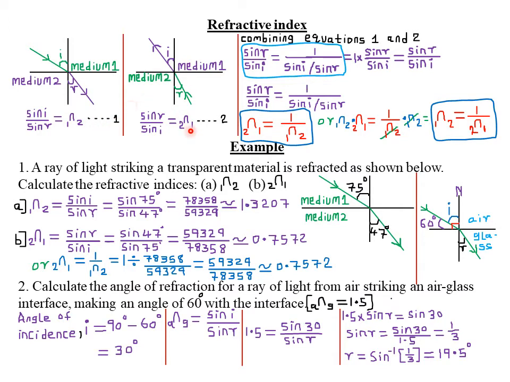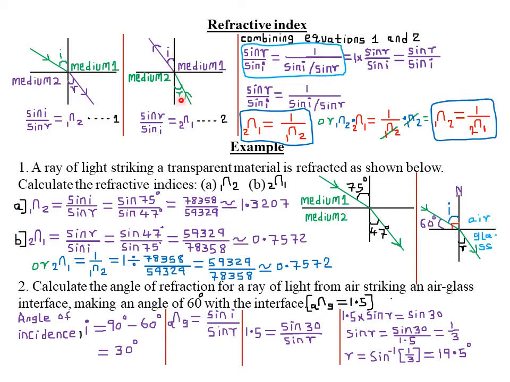Now, suppose we have the same ray of light moving now from medium 2 towards medium 1. It means that in this case, r will become our angle of incidence, while i will become our angle of refraction. Because remember, the angle of incidence is always the angle between the normal and the incident ray, that is the ray emerging from our source of light towards the interface.